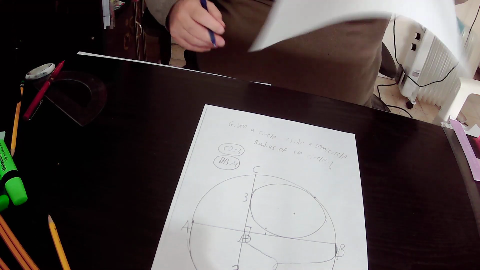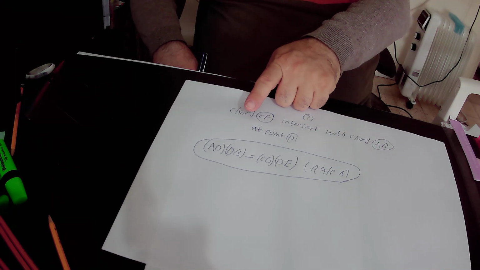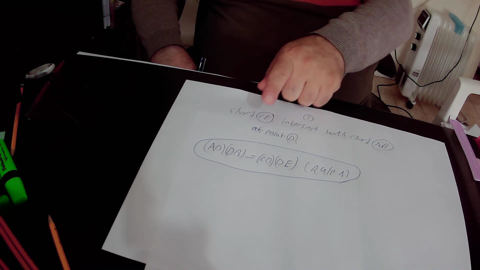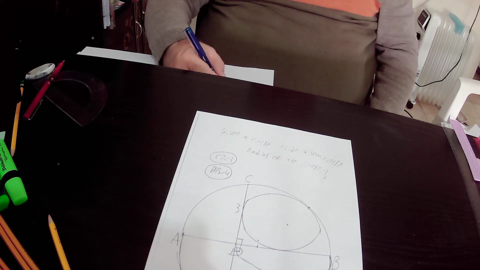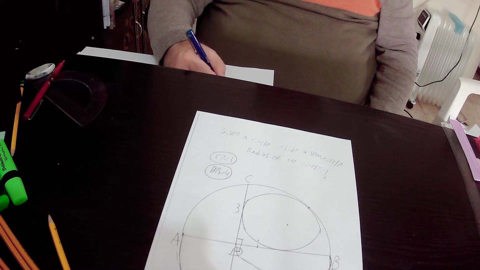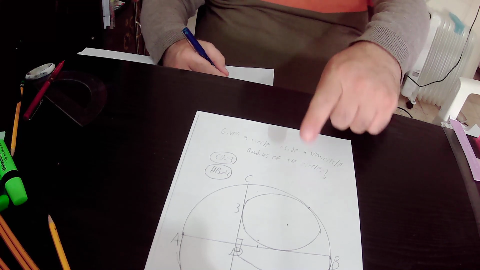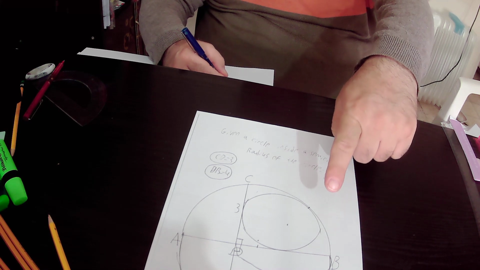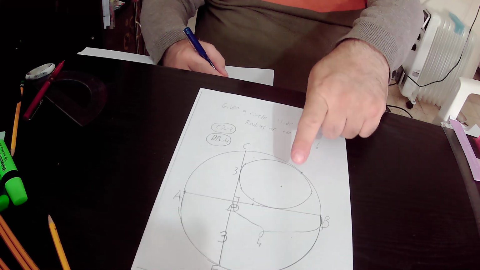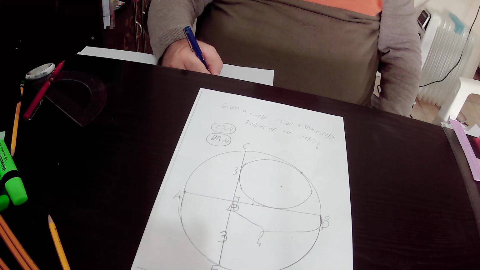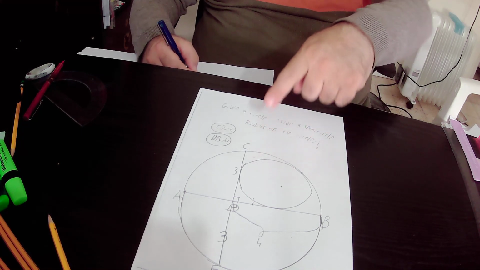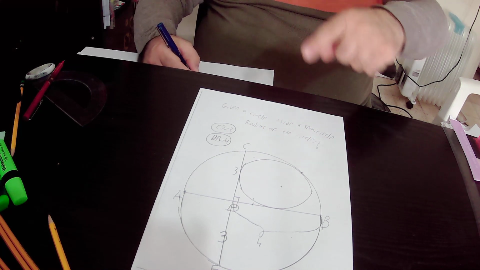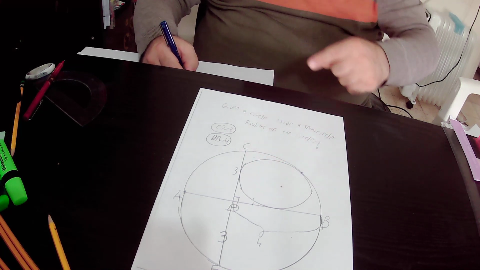So AD is the missing line segment, so we leave it as it is. AD times DB. DB is given in the question as 4 units, so we substitute DB by 4. CD is 3 units, and we already found out that DE is also equal to 3 units.